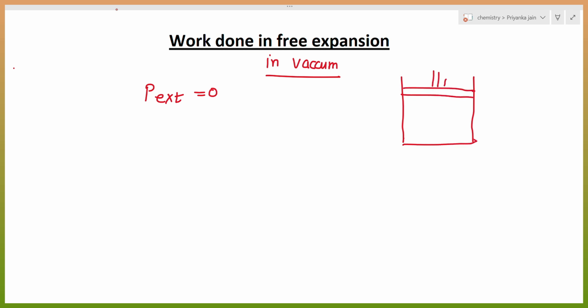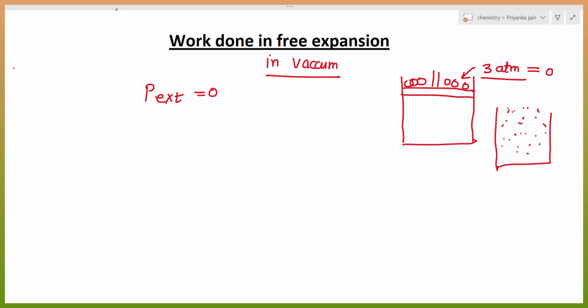Suppose this pressure is 3 atmospheric pressure, and suddenly we are removing this pressure. We are making the 3 atmospheric pressure equal to 0. It means suddenly we open this piston, and now this gas is free to move anywhere.